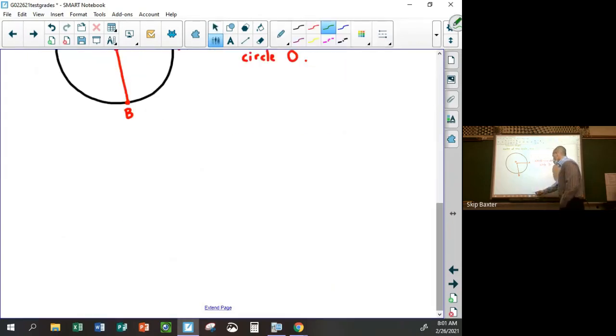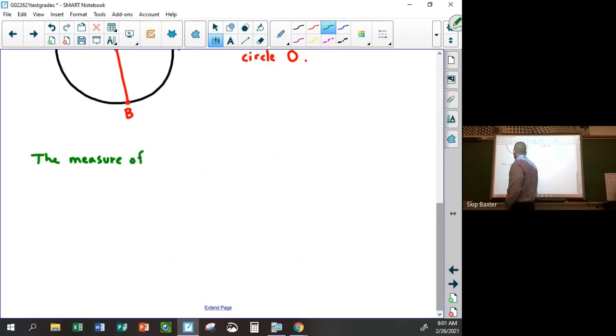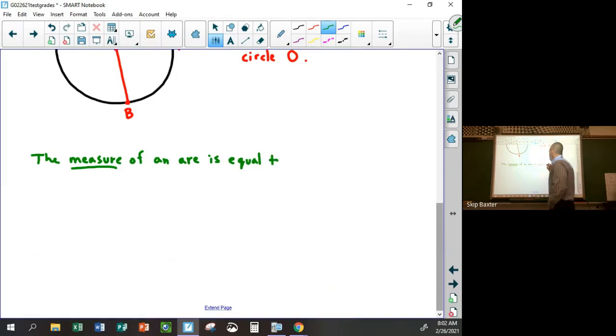The measure of an arc is equal to the measure of its central angle.